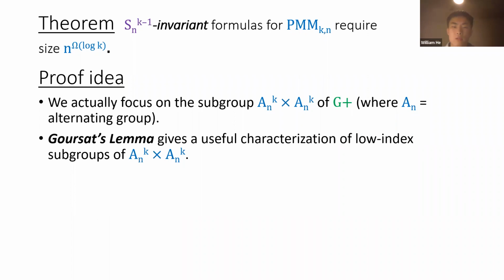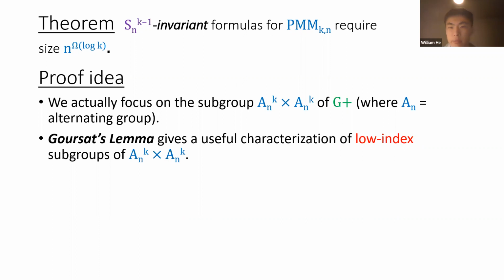And because of this, Goursat's lemma, which characterizes subgroups of direct products of groups, will give a useful characterization of the low index subgroups of A_n^k times A_n^k. So then the question is, why do we care about low index subgroups? And the answer is that we provide a connection between the index of subgroups and size of invariant formulas via applications of the orbit stabilizer theorem.